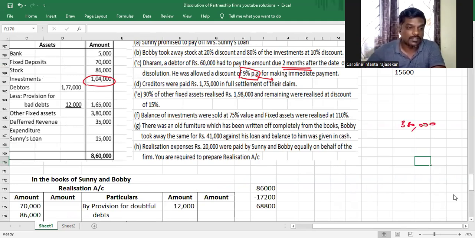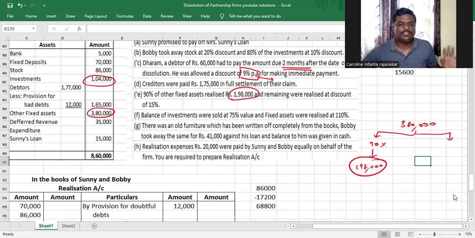3,80,000 is the total other fixed assets. Let's divide. 90% of this realized 1,98,000. They've given it in the question. It realized 1,98,000. You don't have to do any further calculation. So how much will be left? 10%. 10% of 3,80,000 is 38,000.